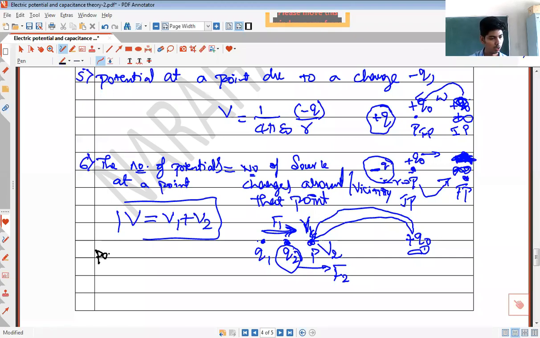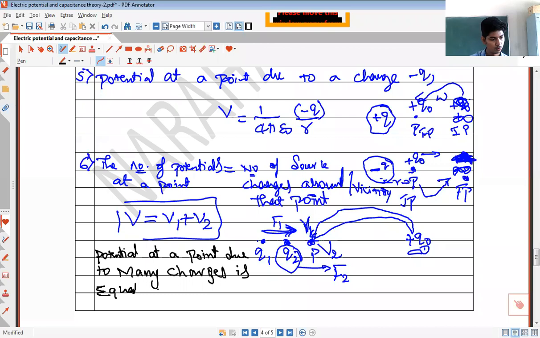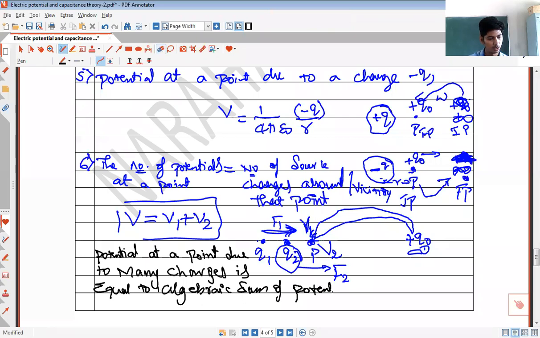Potential at a point due to many charges is equal to the algebraic sum of potentials at that point due to individual charges.